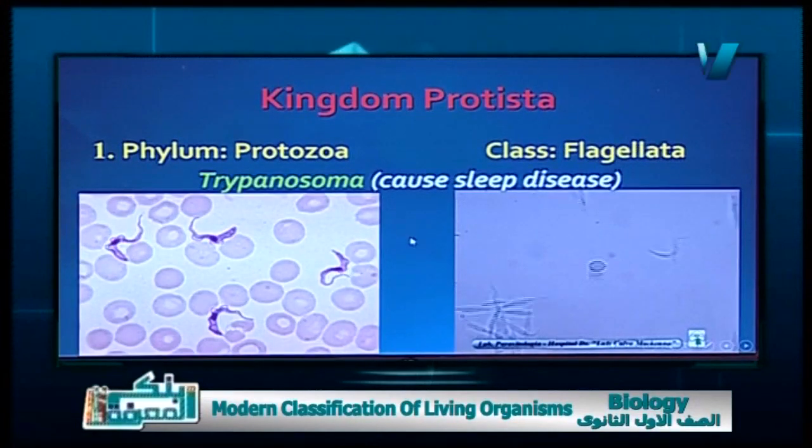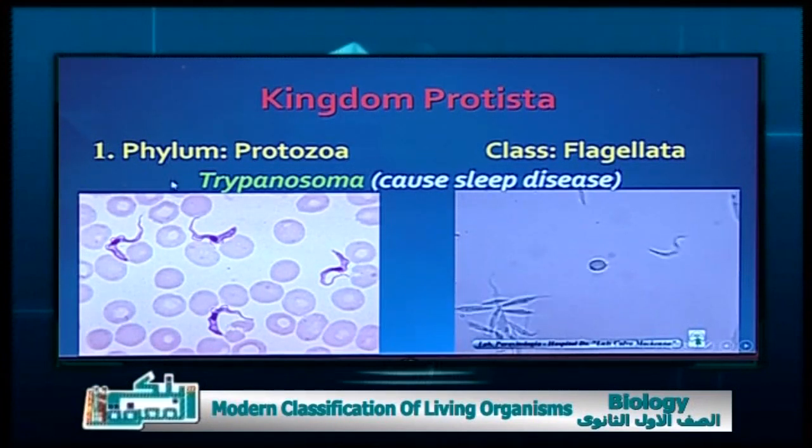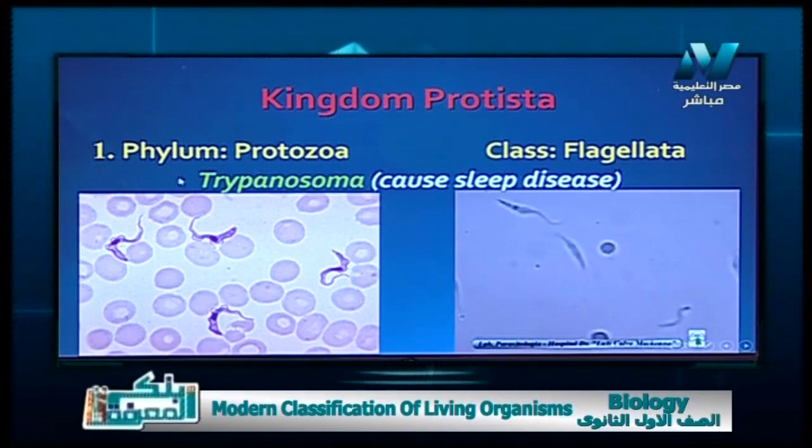The third class in protozoa is Flagellata. Flagellata includes organisms with a flagellum, and we have an example called trypanosoma. Trypanosoma is a parasite, and this parasite causes sleep disease.